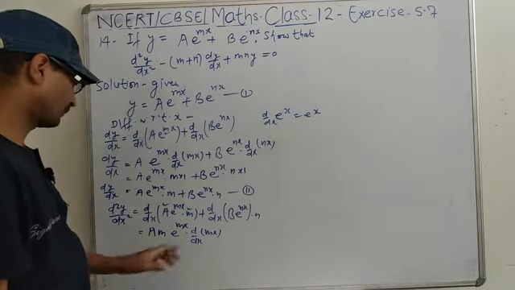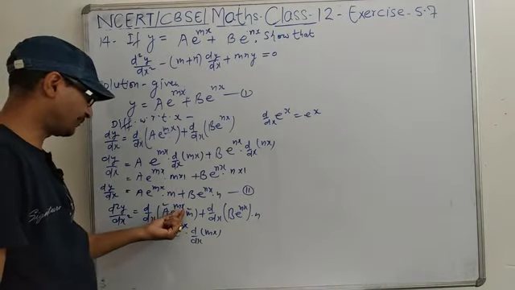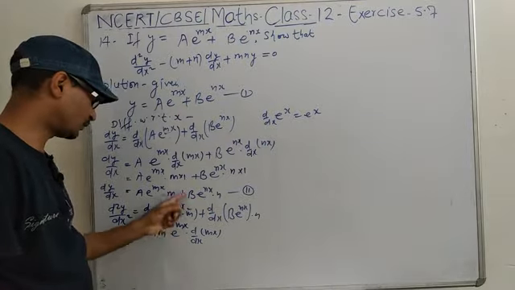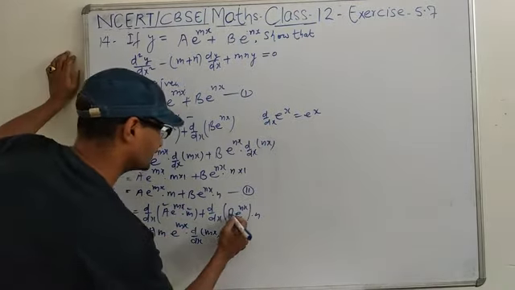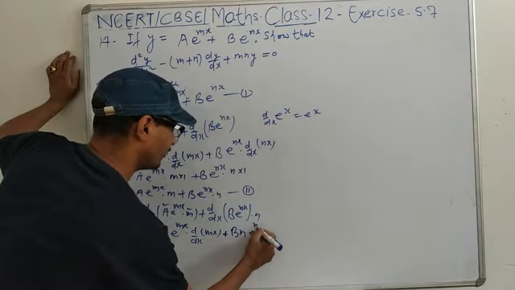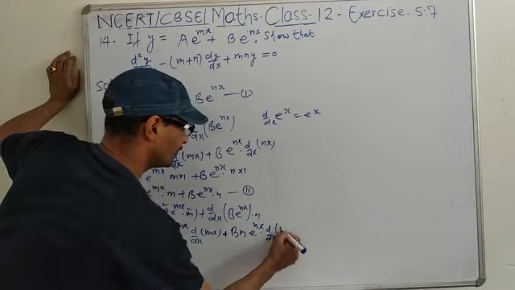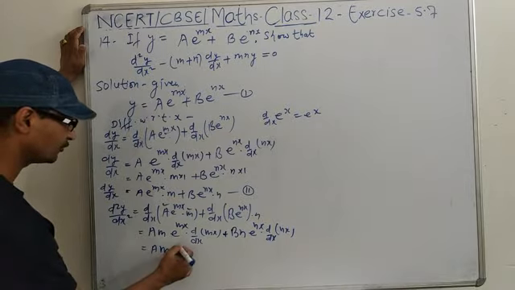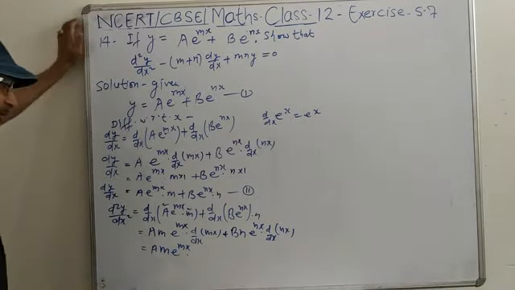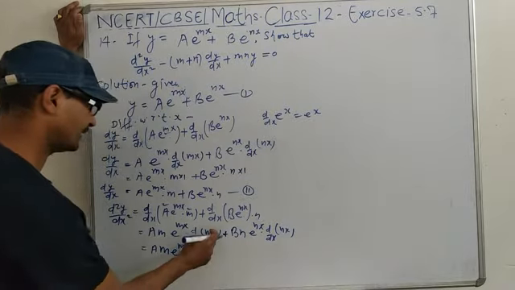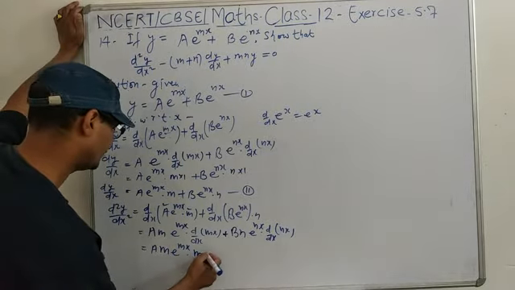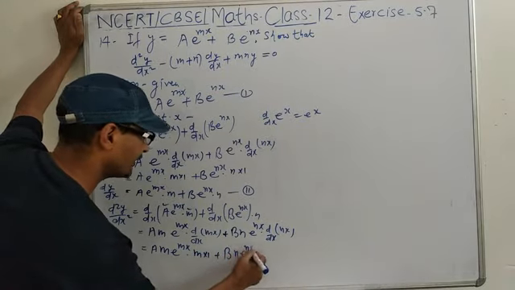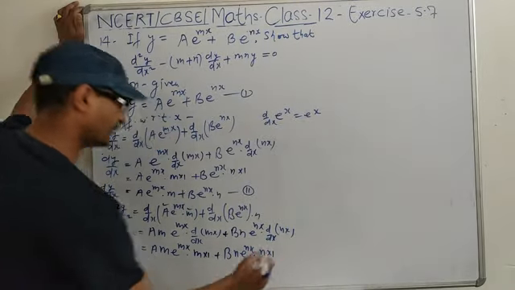This will be clear, I think. If mx behaves like x, then the derivative of e to the power x, which we supposed as mx, is the same. Just like this, b and n are constants, e power nx and again d/dx of nx. So here a m e to the power mx, d/dx of mx, x derivative is 1, plus b and e power nx, again n constant, x derivative 1.